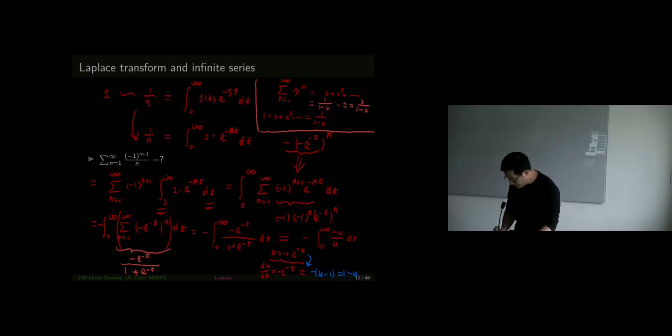So now we can see from this property, from basic calculus, that du is 1 minus u dt.